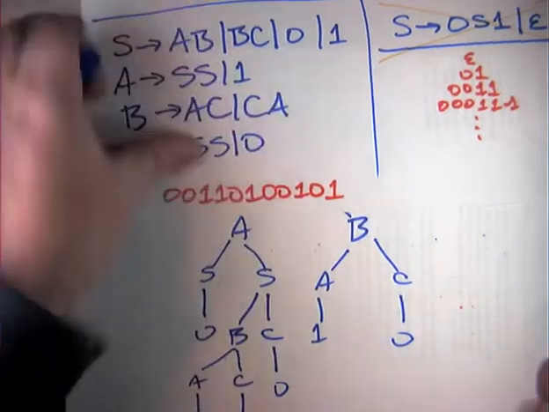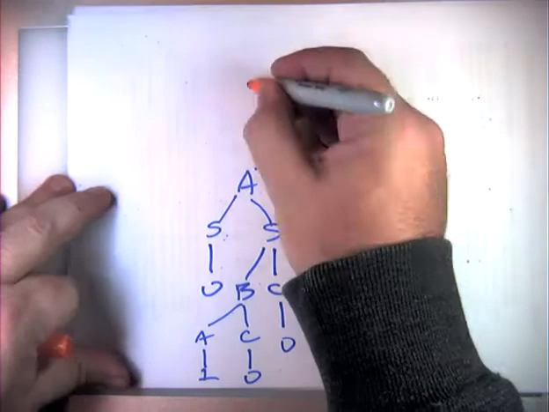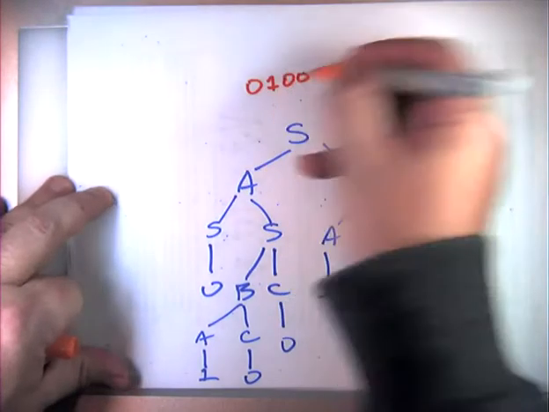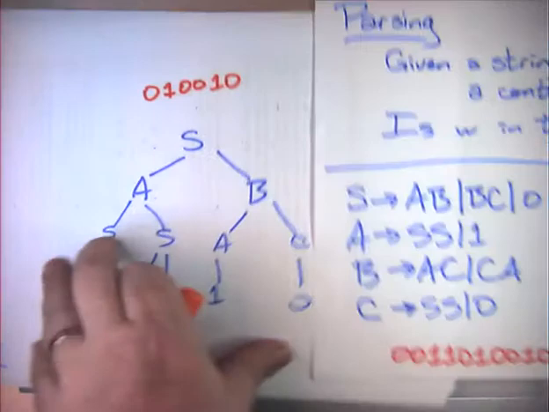Okay, so here is a parse tree for the string 0, 1, 0, 0, 1, 0 for this original language.